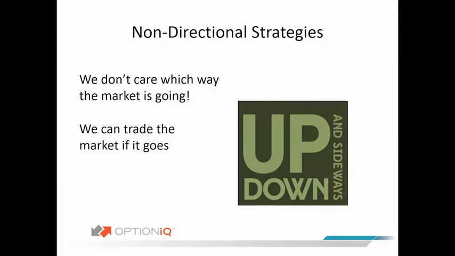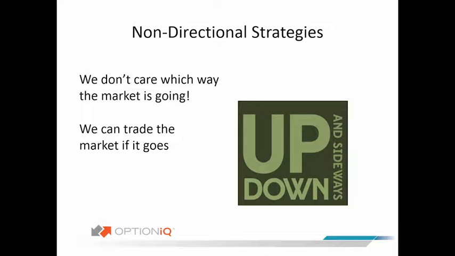We have something called non-directional strategies. With our non-directional strategies that I'm going to teach you today, which can be implemented through the trading software, we're going to tell you that we don't care which way the Dow Jones goes or which way the market in general goes.